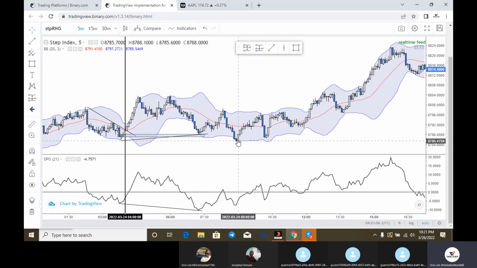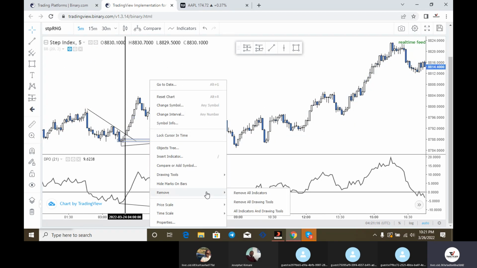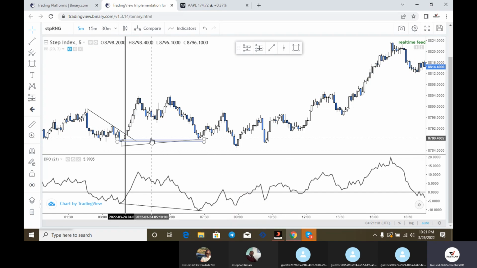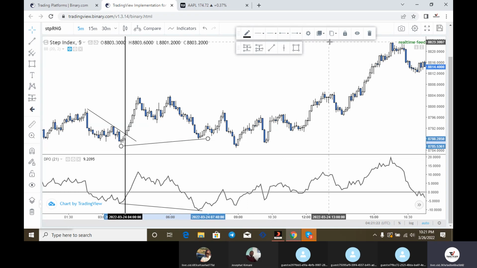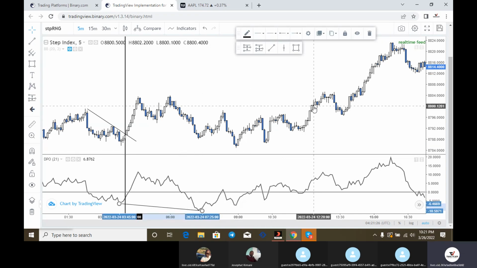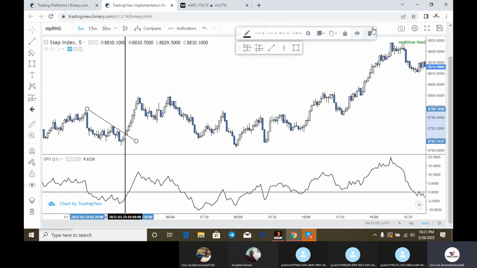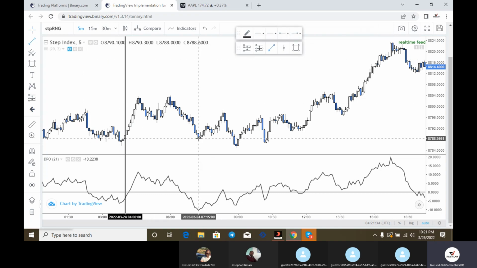So at this point, price did hit the bottom part of the Bollinger Band. Was there a divergence? Yes, there was a divergence. So let me remove this. So in cases whereby you do not have DPO confirming for you to take a buy trade, probably you can just spot out divergences and then enjoy yourself.